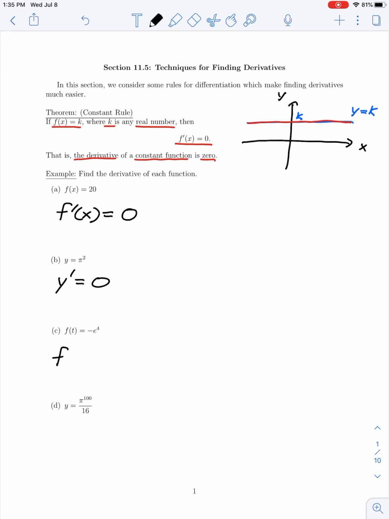So the derivative of this constant is still 0. And in part D, we have y is pi to the 100th power divided by 16, which is still just some constant since pi is constant. So the derivative, y prime, is 0. So the derivative of any constant function we now know is 0, regardless of what the constant is.